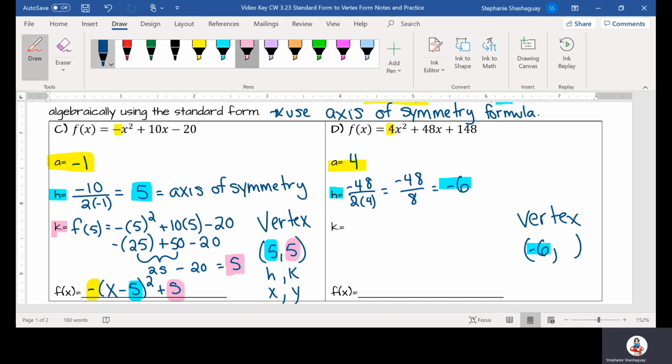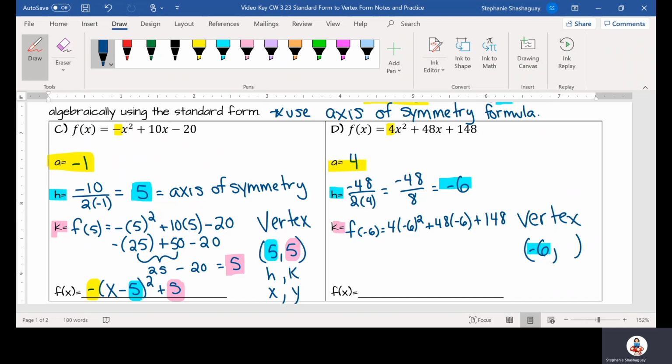Okay, now let's find our k term. To find our k term, we're going to plug in that negative 6. So f of negative 6 is going to equal 4 multiplied by negative 6 squared plus 48 times negative 6 plus 148.